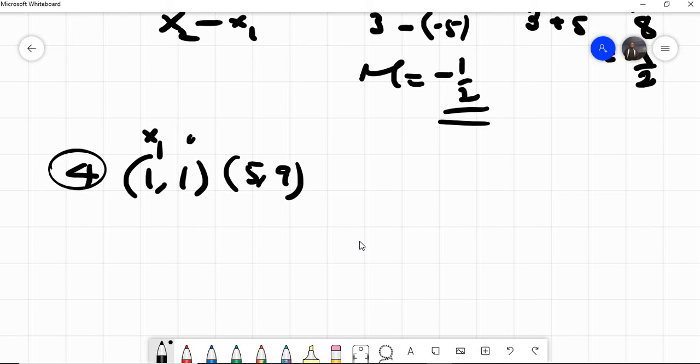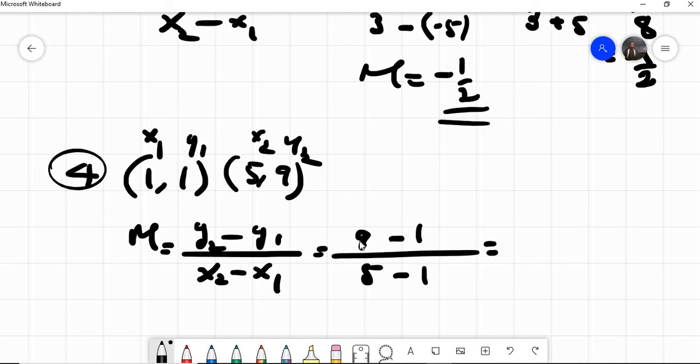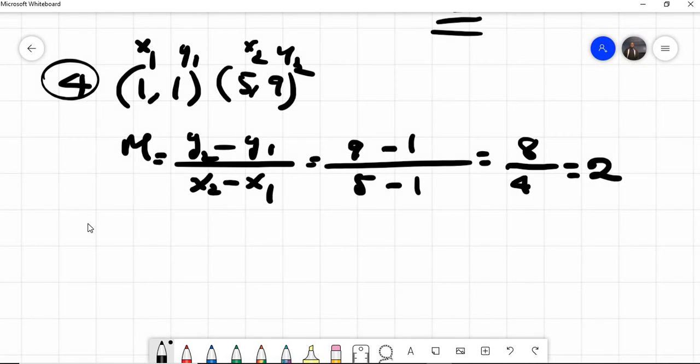So we mark x1, y1, x2, y2, and then we're gonna write our slope formula, y2 minus y1 over x2 minus x1, which is equal to 9 minus 1 on top, and 5 minus 1 on the bottom. 9 minus 1 is 8, and 5 minus 1 is 4, and then 8 divided by 4 is 2. Our slope is 2.